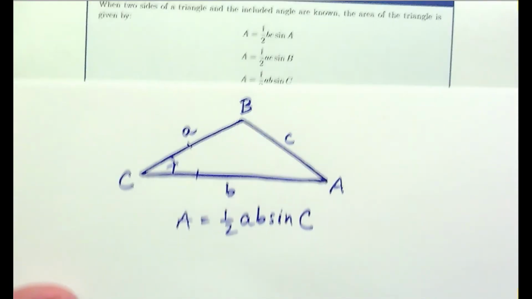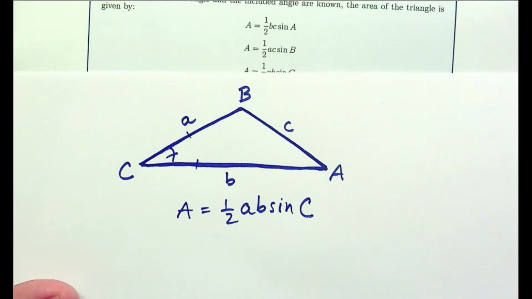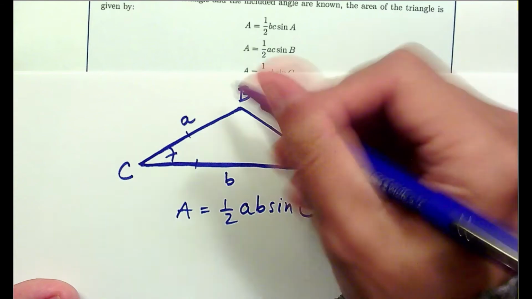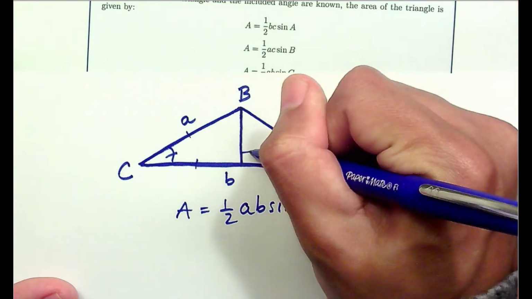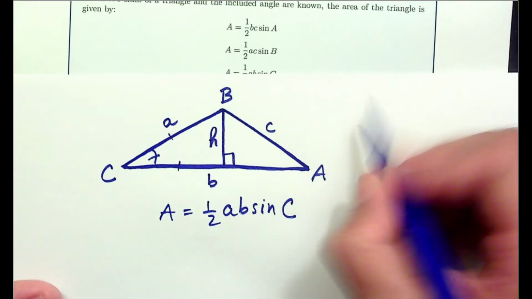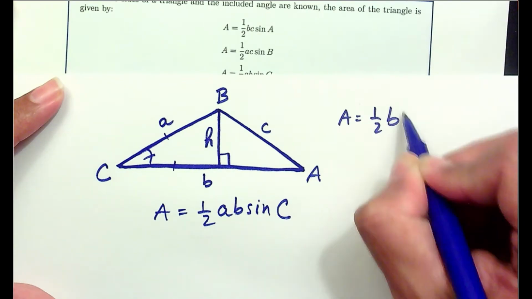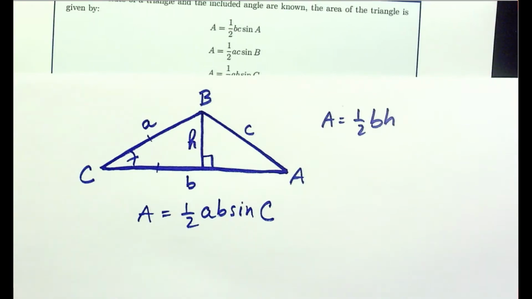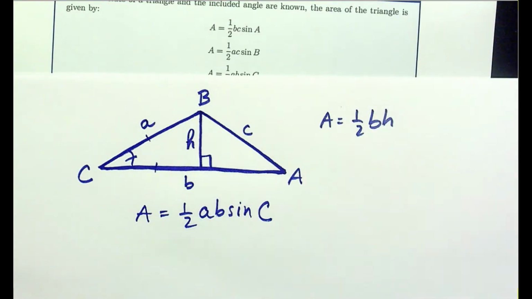And the formula is actually a very straightforward consequence of using SOHCAHTOA, because normally we know what the area should be. If we happen to know the height of this triangle, then the area would be what? The area would be 1/2 base times height. That's the formula you learn in high school.